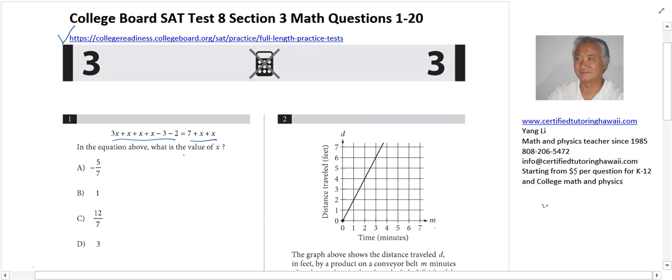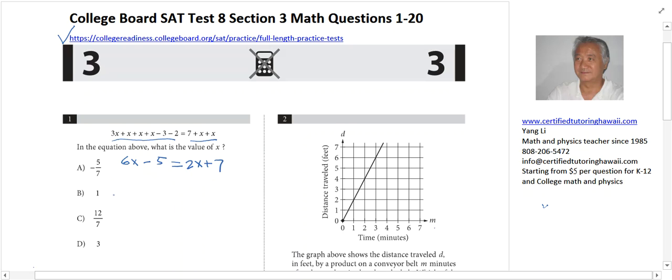That's the first step to solve all equations. So 3x plus all those x is 6x, and minus 3 minus 2 is minus 5, which equals 2x plus 7.